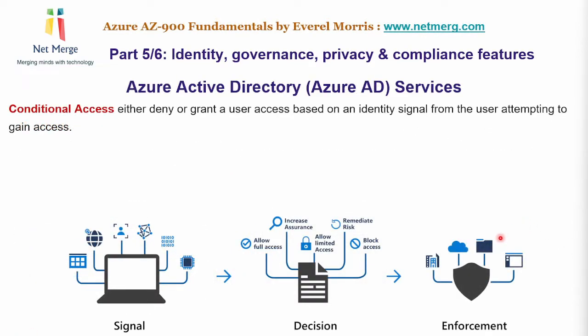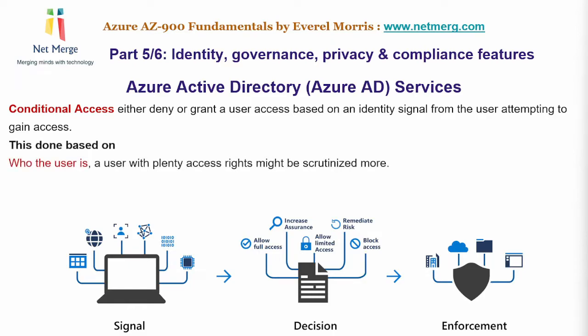Now we also want to look at conditional access. It will either deny or grant user access based on identity signals from a user attempting to gain access. So you're using a new device, or you're connected from a different country. All those things can be factored into conditional access, and this is done using machine learning or some other automated artificial intelligence sources.